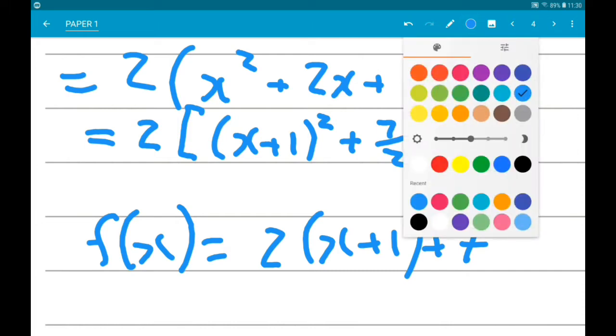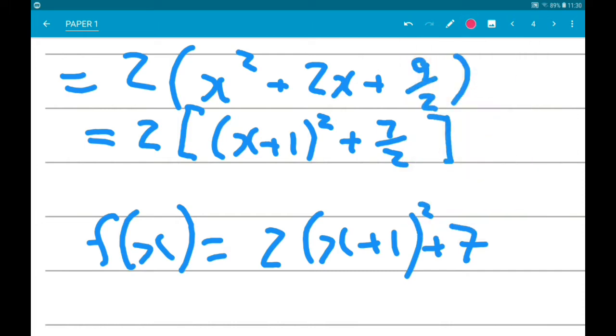Well, we also know that x add 1 squared is always positive or 0. So, adding 7 to it means it's always positive. So there are no x-intercepts.